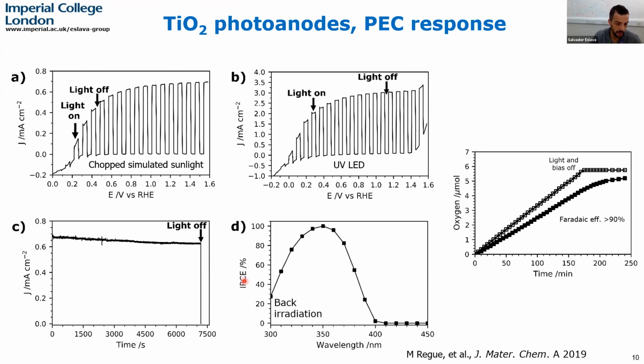And when we measured the incident photon to current efficiency, we could see that this was 100% at 350 nanometers. So this shows that we achieve 100% when we manage to irradiate the band gap. And these good photocurrents were related to oxygen evolution. So we didn't have any other reactions, since we measured more than 90% Faraday efficiency.